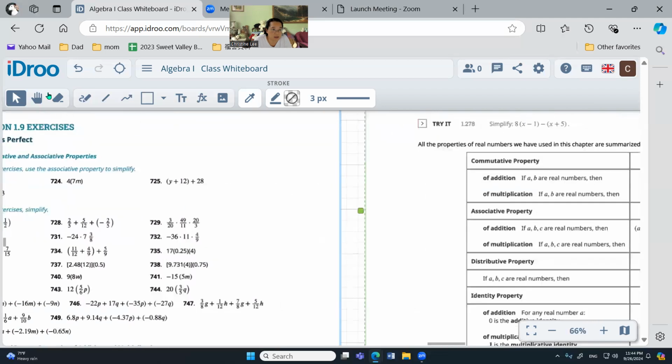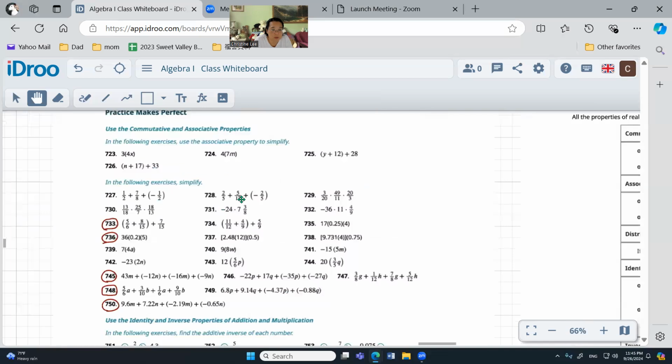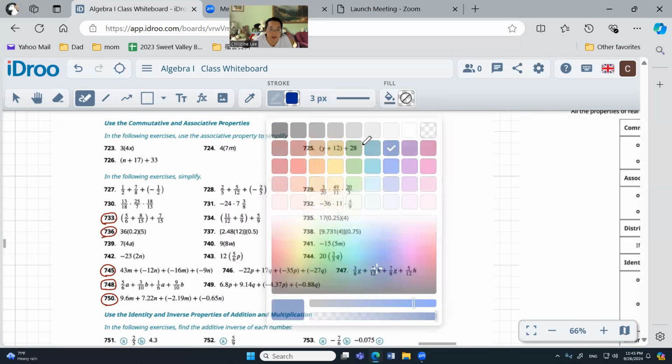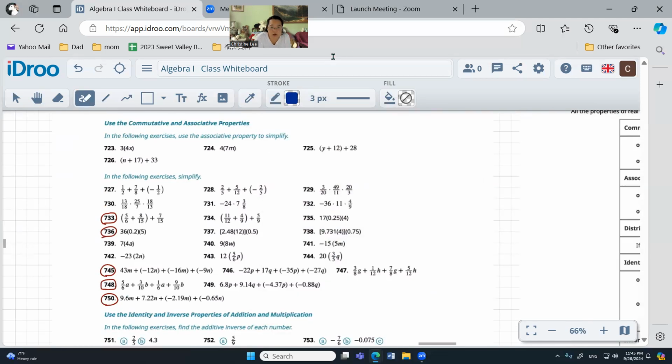Let's write. We should make a note ourselves. Here they say associative property. So what's associative? It's A, B, C, and A, B, C. Same thing if you put it in the front or you put it in the back.